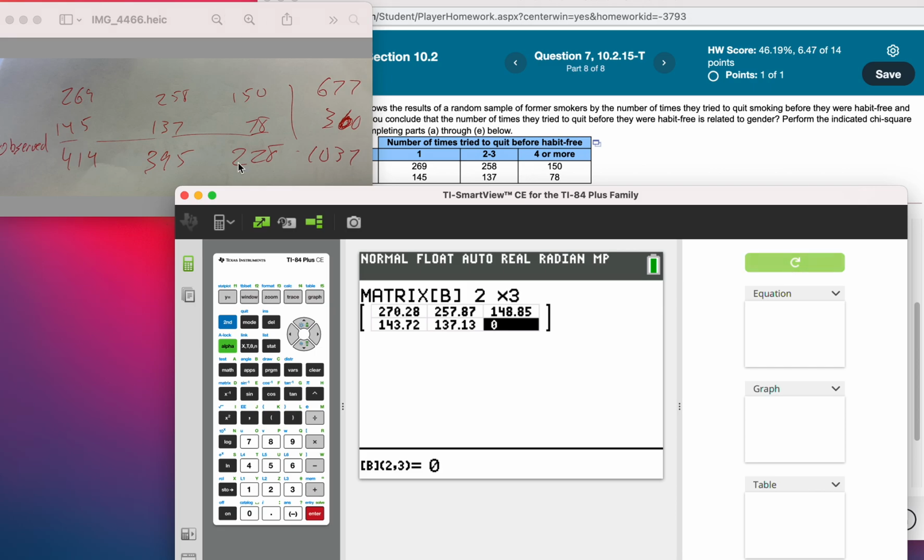And then the last spot is 228 times 360, the total here, divided by 1037. There we go. Hit enter. So we have them both in there.